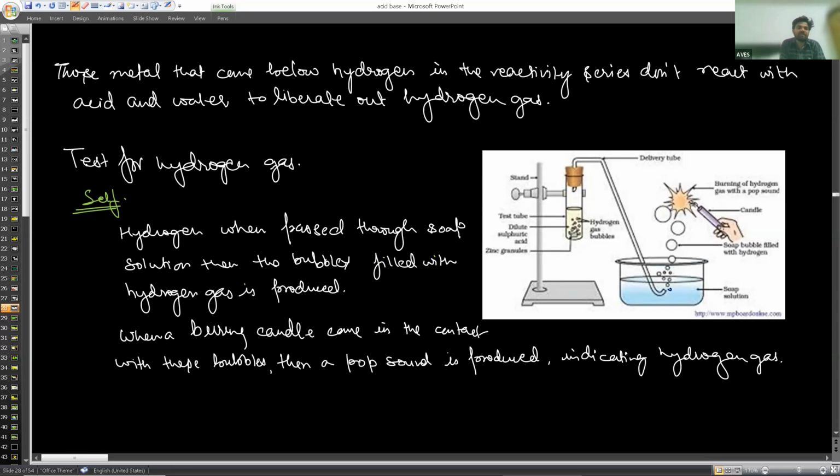Okay, and then write this one, the test for hydrogen gas: hydrogen when passed through a soap solution, then a bubble filled with hydrogen is produced.